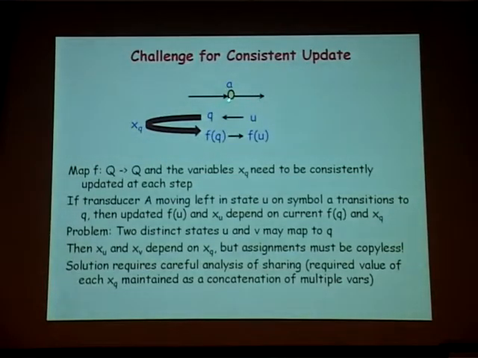And if I read a symbol A, I want to update the information. So for a given state u, I want to find out what state I would come back in if I do this pass.